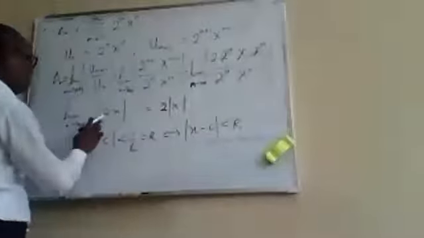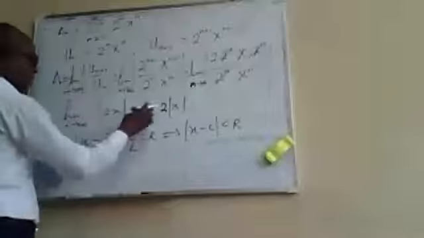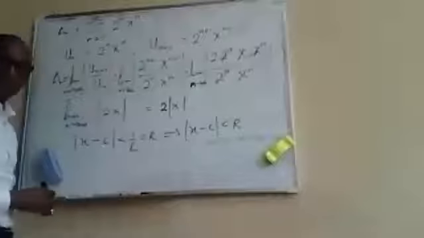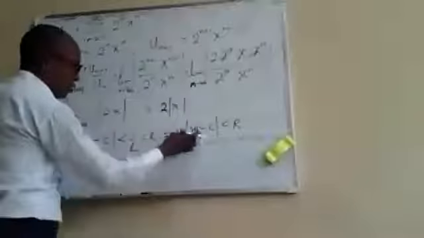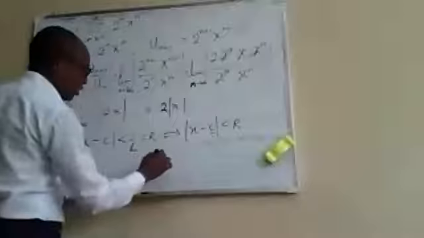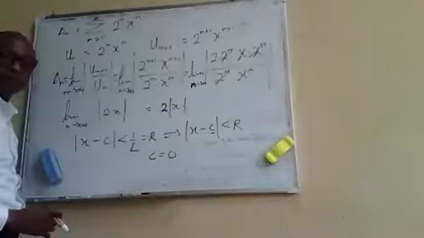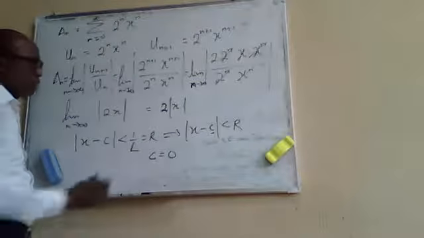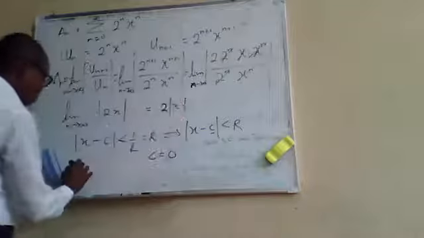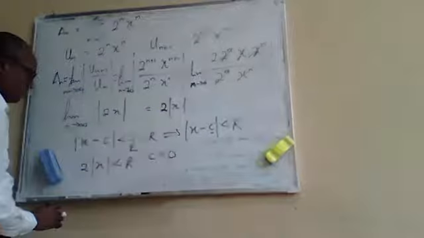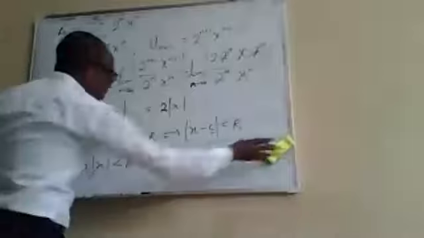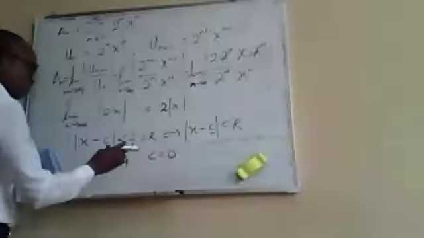I can still rewrite 2s like this. If you compare this with this, you know the position of c as well. So when you compare this, it will now be 2 times the absolute value of s less than 1, where r is your 1.